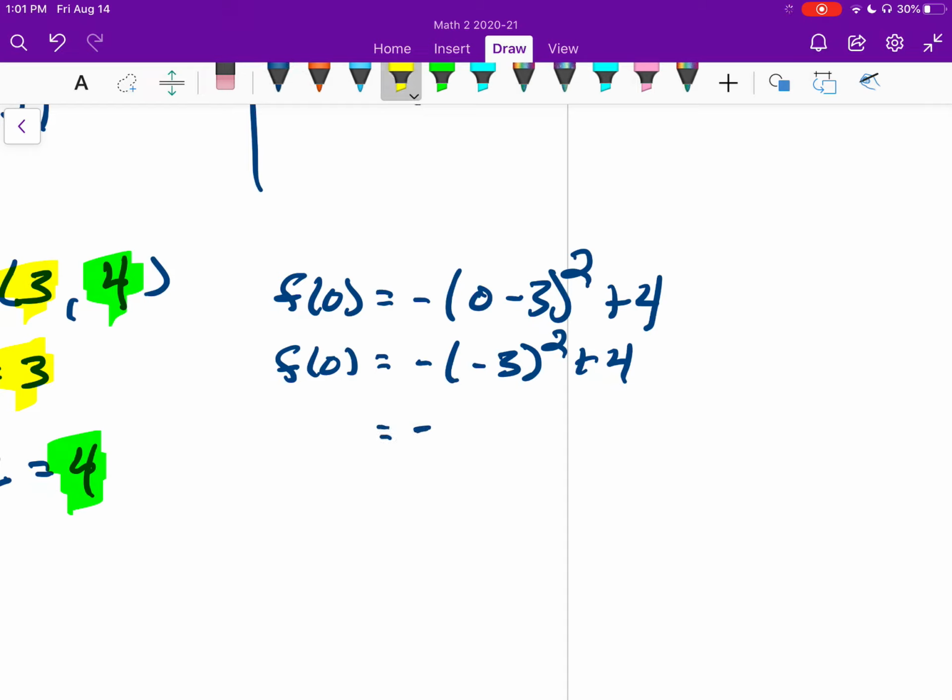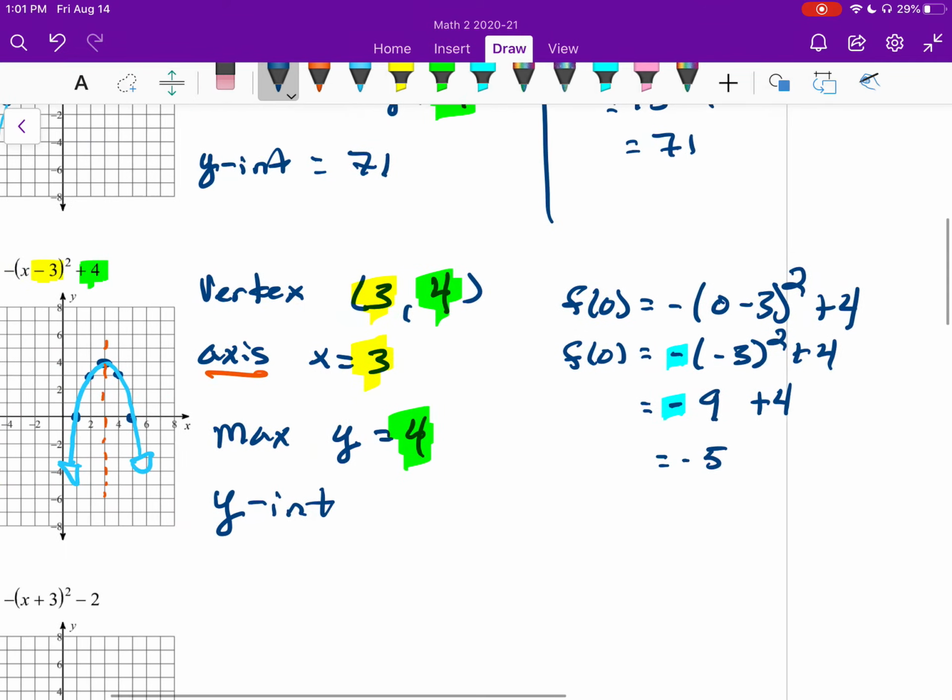This negative out front stays there, but the negative on the inside of those parentheses is absorbed by that 3 whenever it's squared, right? Because we've got -3 times a -3, which gives me a +9, but there's still that blue negative sign out front. And then I've got my plus 4. -9 plus 4 gives me -5. So over here I can say my y-intercept is -5.